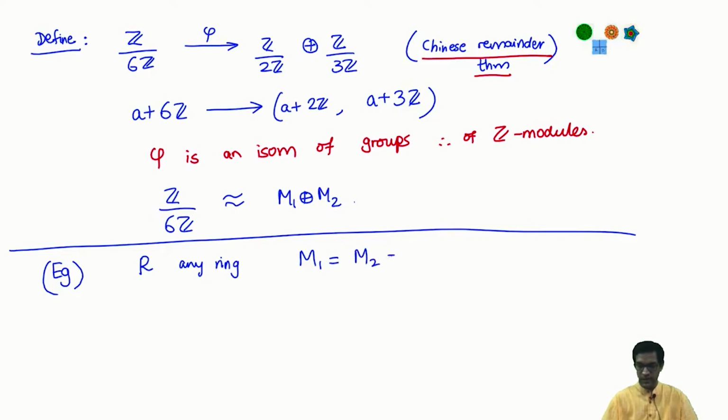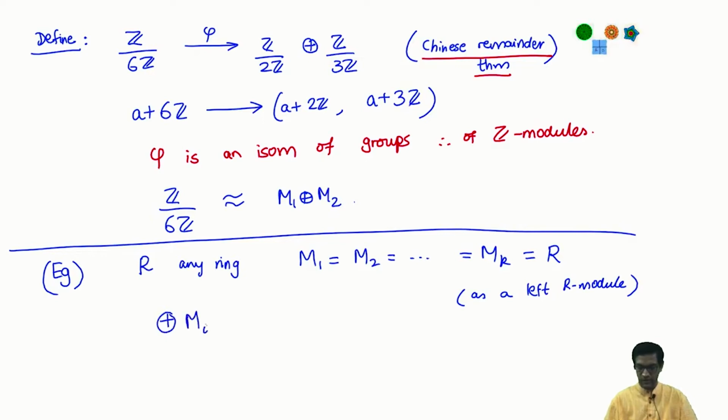Let's take M1, M2, up to Mk to all be just R, as a left module over itself. So I just think of all the Mi's as being R itself. What I'm trying to do now to form the direct sum is take k copies of R. So what does the direct sum now become?